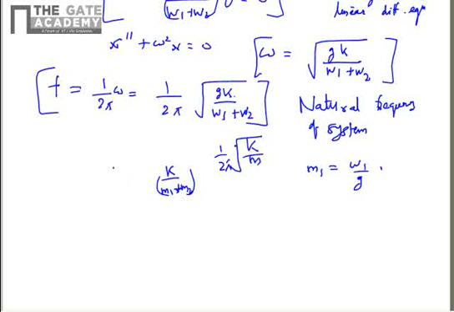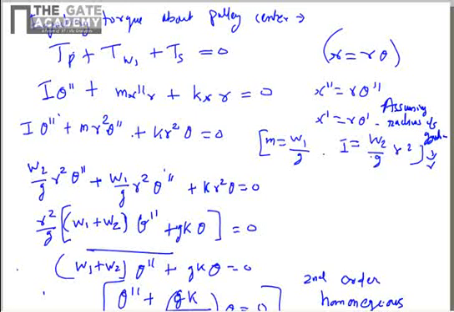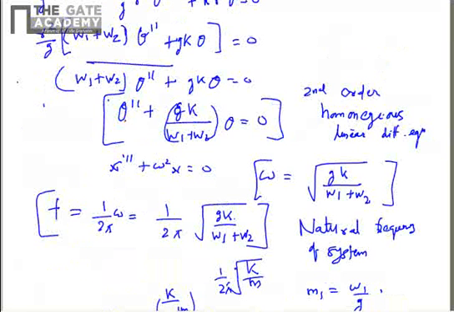But how this inertia will be added to the system will depend on how the pulley and the springs are arranged. So you have to derive the force balance by yourself and then derive the equation of motion like we have seen here, and try to compare that equation in a simplified form with the second order homogeneous equation and get omega, and from there get the natural frequency. So we have determined the natural frequency of the system, which is our answer.